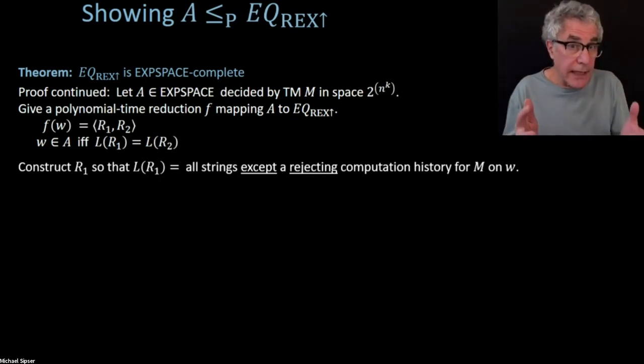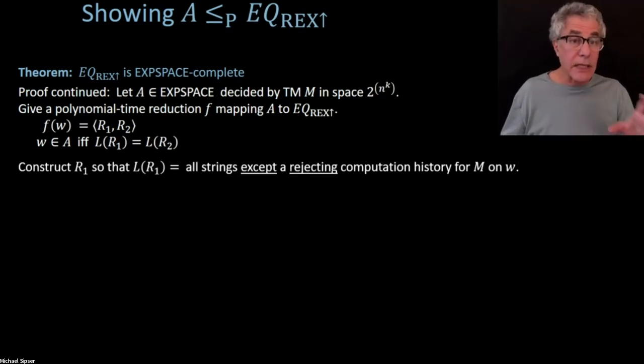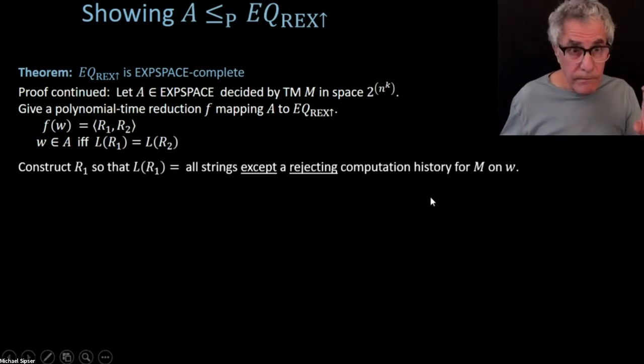Well, in that case, it's describing everything, because there is no rejecting computation history. So it's describing all strings in the case that M accepts W. So what does that suggest we should use for R2?